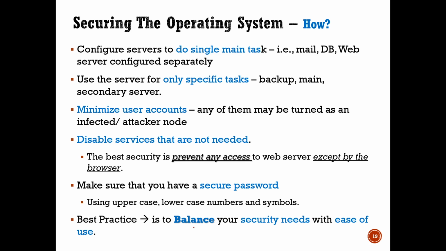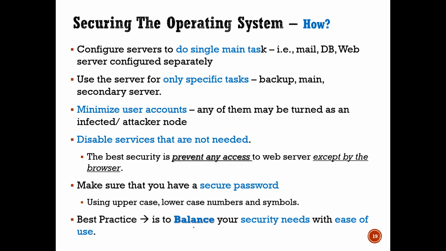Second is using a server only for a specific task, either to be a backup, a main server, or a secondary server. It is not advisable to use the server as a main server and backup server at the same time, because if it happens to be attacked, everything will be damaged and gone.